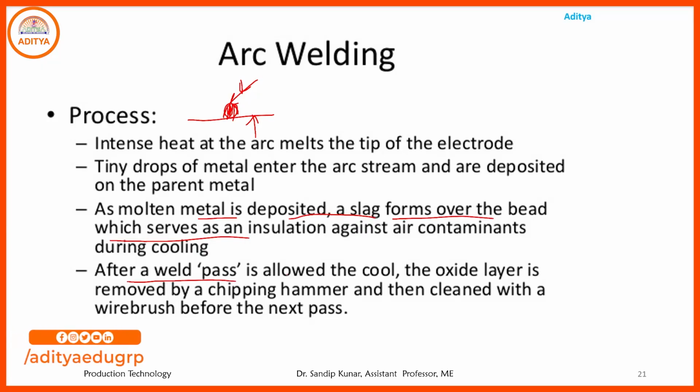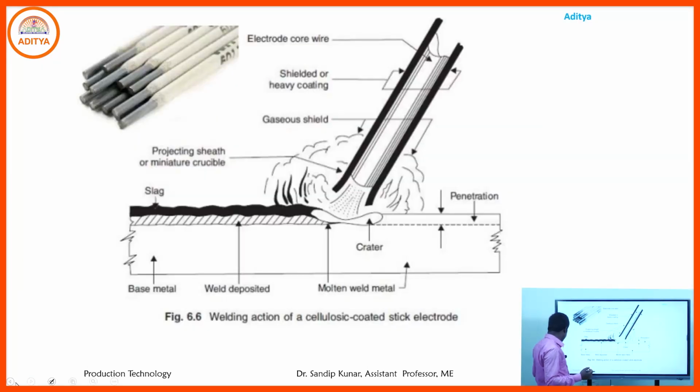After a weld pass, it is allowed to cool, and the oxide layer is removed by chipping with a hammer, and then cleaned with a wire brush.